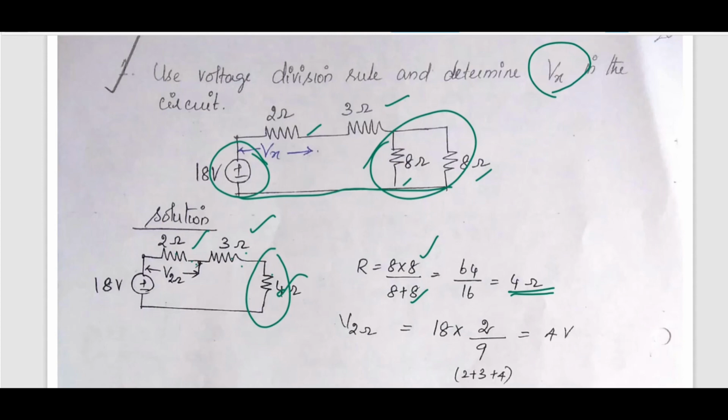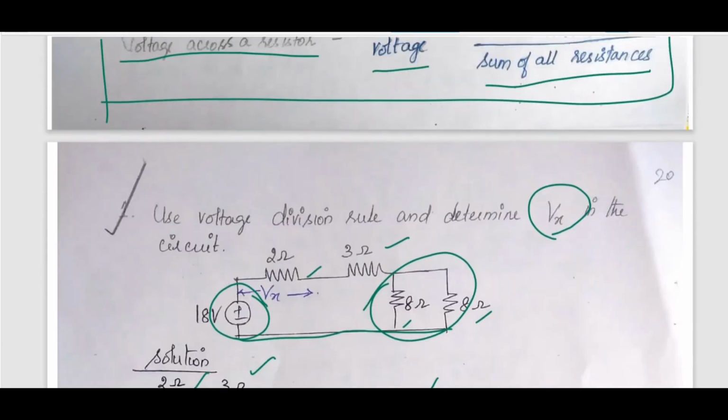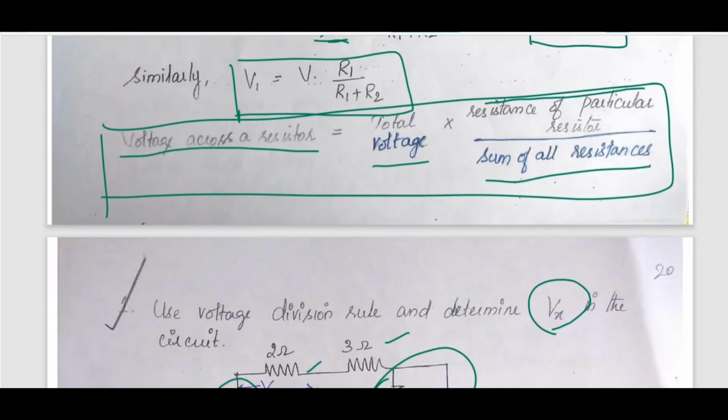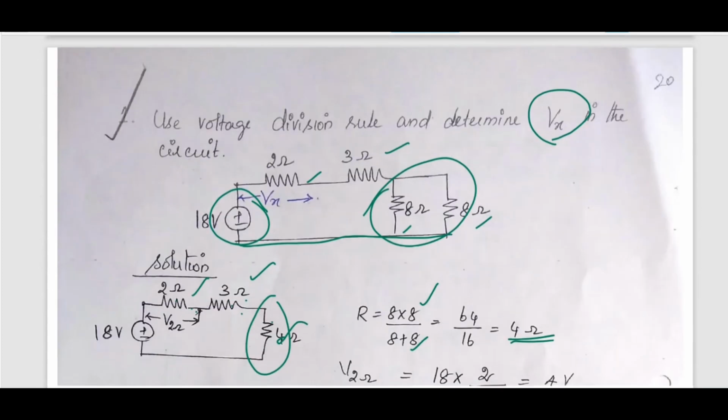How to find the voltage across the 2 ohm resistor? In order to find it for a particular resistor, voltage across the resistor equals total voltage into resistance of the particular resistor by sum of all resistors. Is it so?